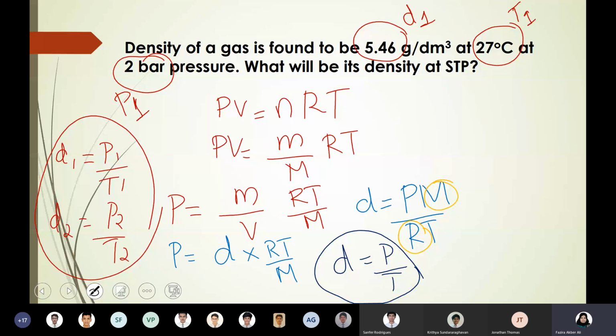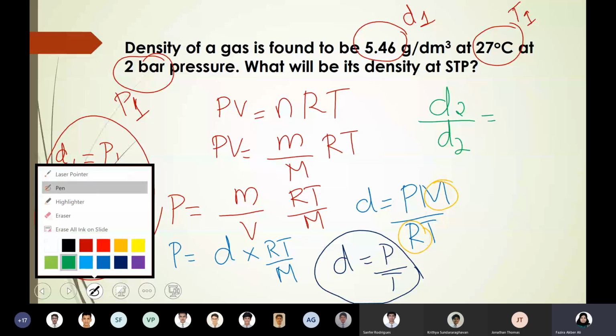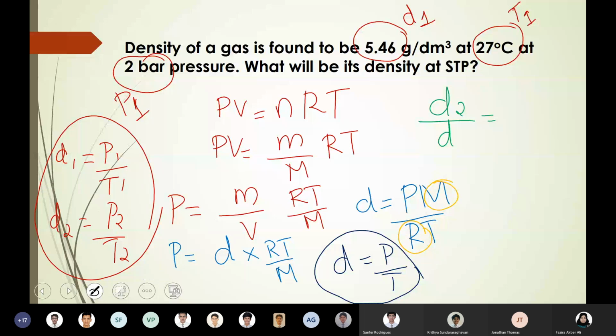D2 by D1. If you divide these two equations, what will you get? D2 by D1 is equal to P2 T1 by P1 T2.